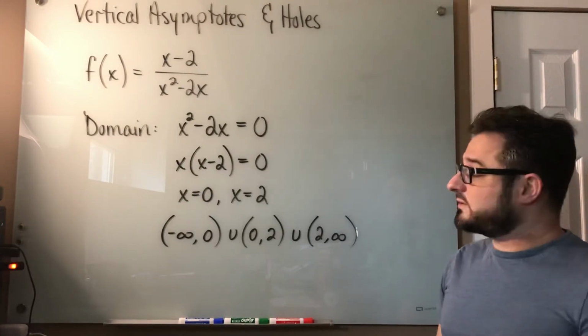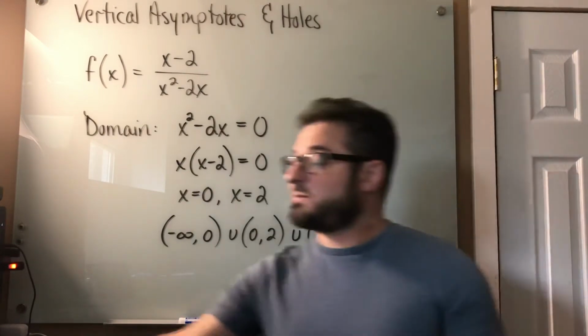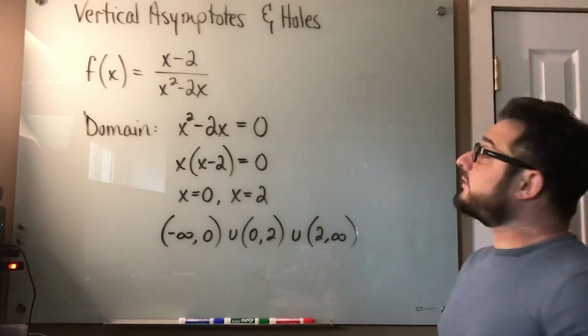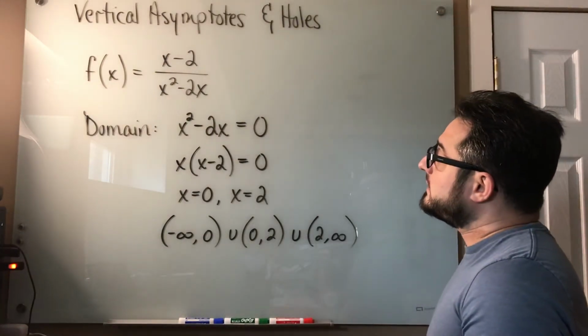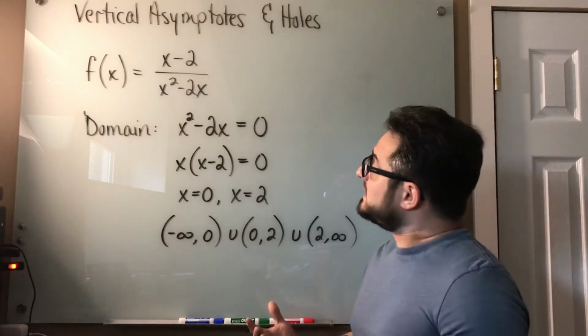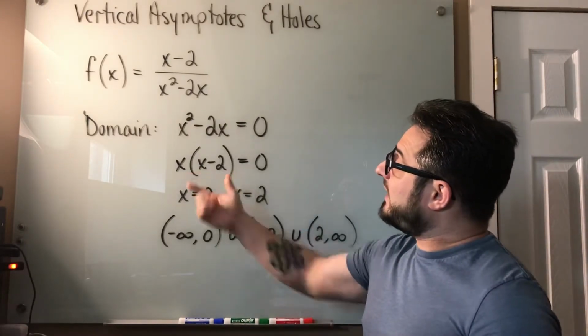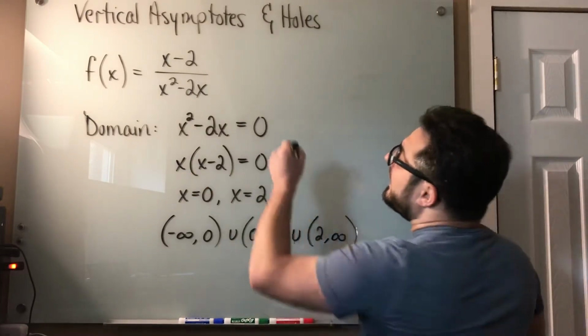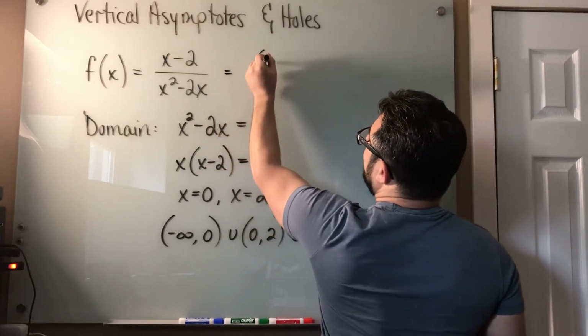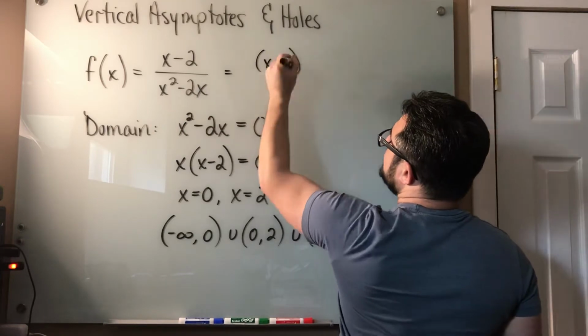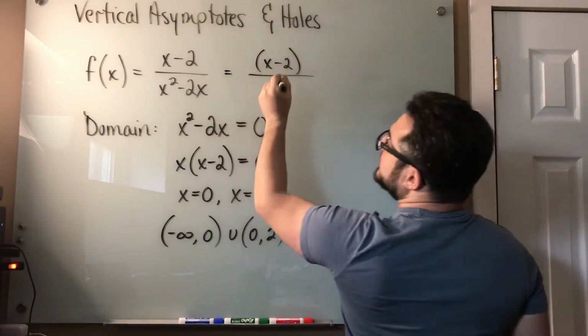Every function is different, so we can't assume that just because we know what's going on with one of them that we automatically know what's going on with the other. So the nice thing is that we've already factored the denominator here, and the numerator is also already in factored form, although it might help to wrap it up in a set of parentheses.